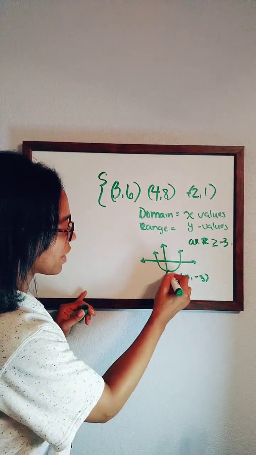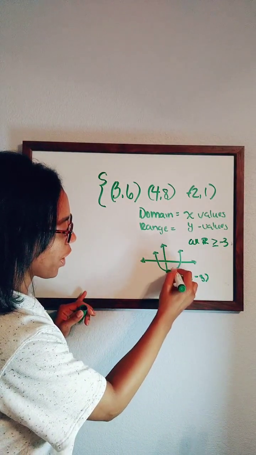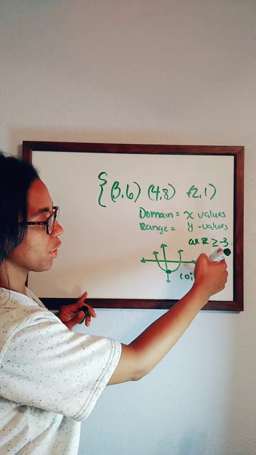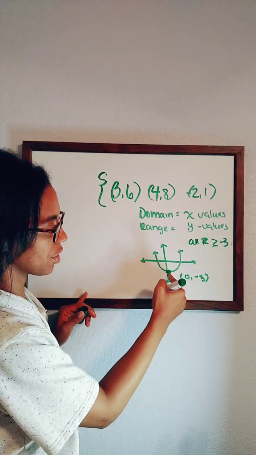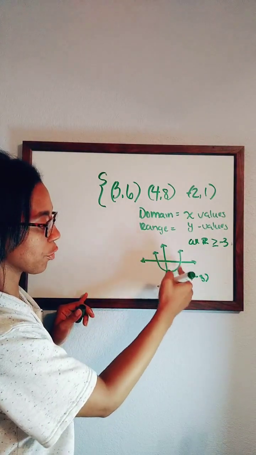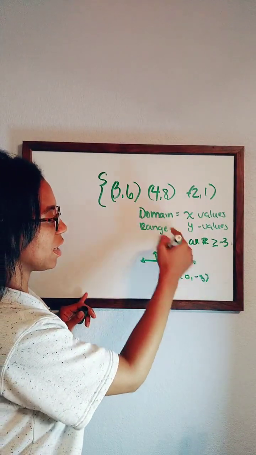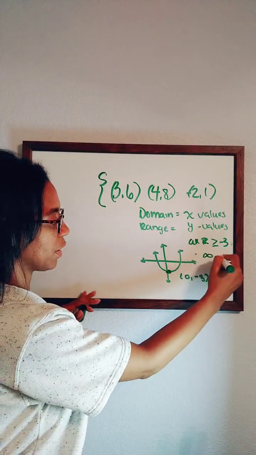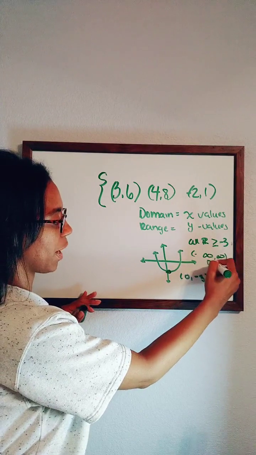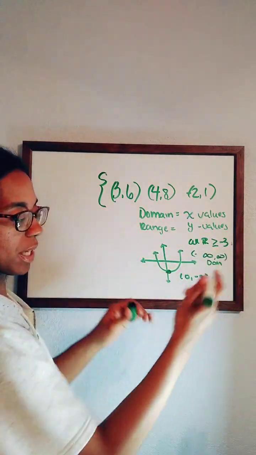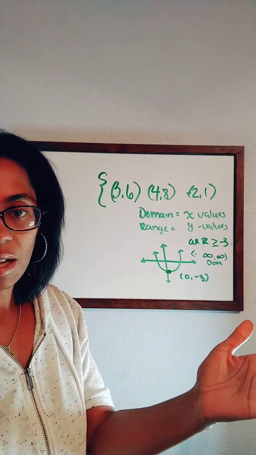Because the graph is actually going through the point -3. That's why it has to be greater than or equal to -3 for the range, because it's including -3. It's actually going through -3. Now the domain is just all x. It's negative infinity to positive infinity for the domain. It doesn't matter. The x values are going to be everything that's included on the number line.